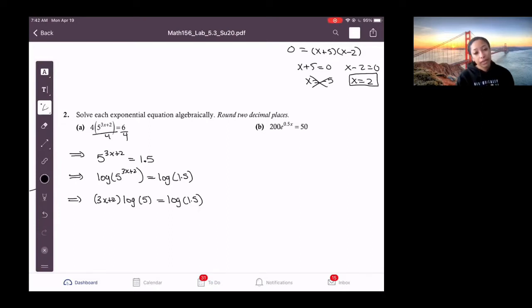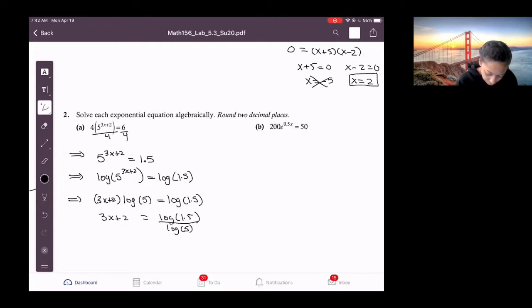From here, we need to solve for the x. So there are a few steps we need to do. We've gotten it down. Now these are just a couple of algebra steps. We'll need to divide by log of 5. So 3x plus 2, you can keep it in the parentheses or not, equals log of 1.5 divided by log of 5.